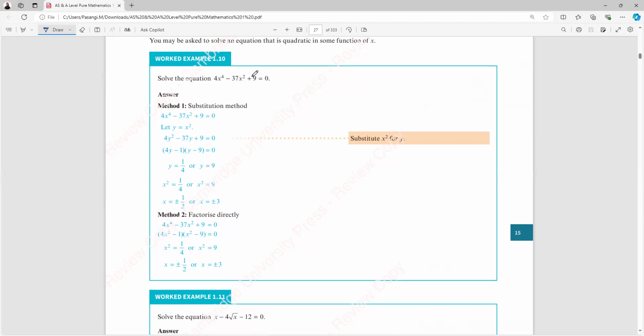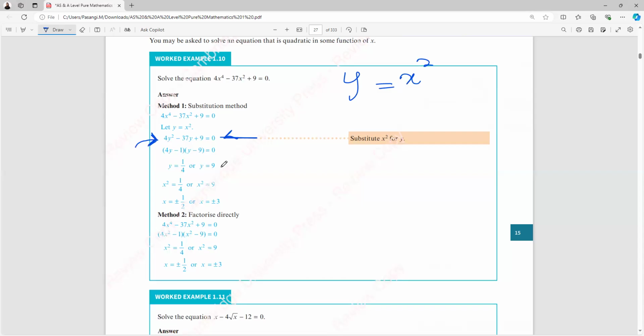Because of that, we can make a substitution y as x squared and make this equation a quadratic equation in y terms. Earlier we had it in x terms, now the equation is in y terms. Once we rearrange and simplify it into the quadratic equation in y, we can factorize and find the value for y.